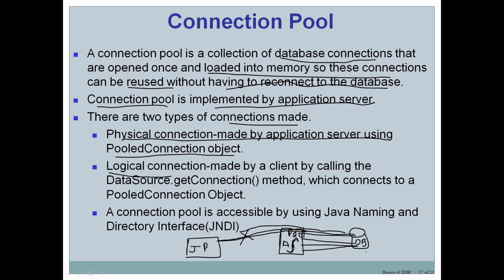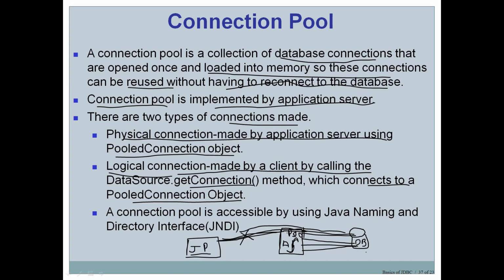And next is the logical connection, made by the client by calling the dataSource.getConnection method, which connects to a pooled connection object. The connection between our program and the connection pool is called a logical connection, meaning it is not actually connected to the backend database, but our application is connected to the application server. So that is a logical connection.